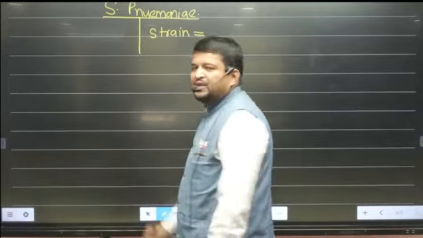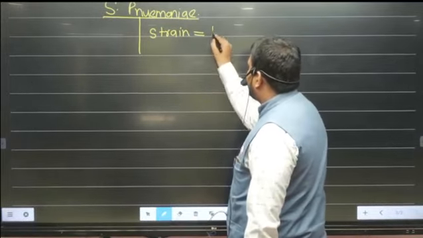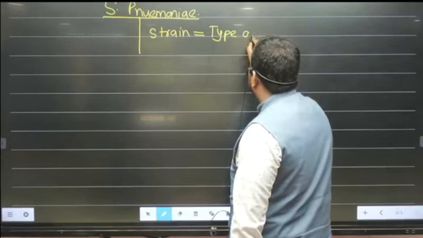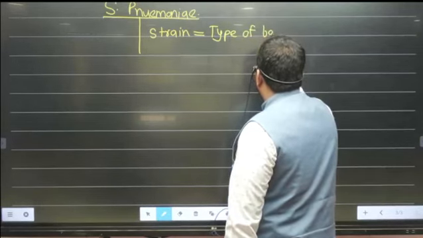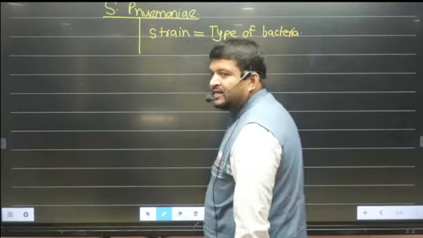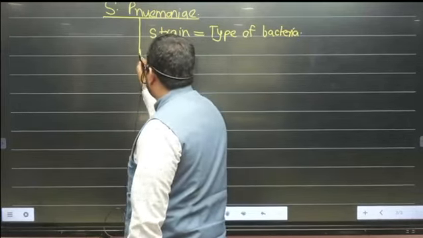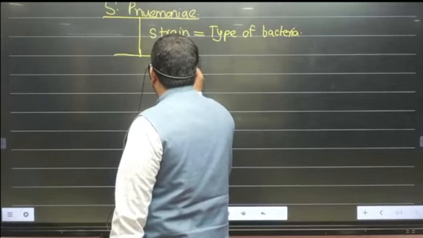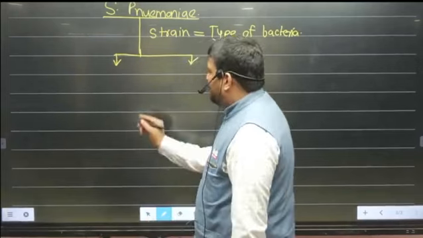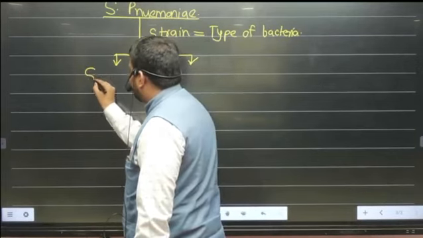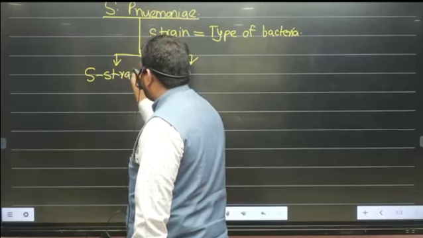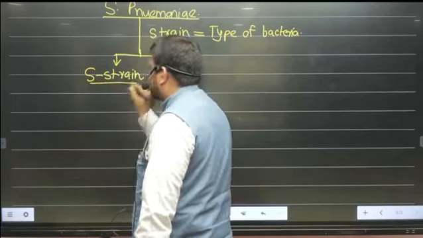What is the meaning of strain? Simply, the word strain stands for the type of bacteria. There are two different kinds of strains belonging to the species Streptococcus pneumoniae. The first type is called the S strain.